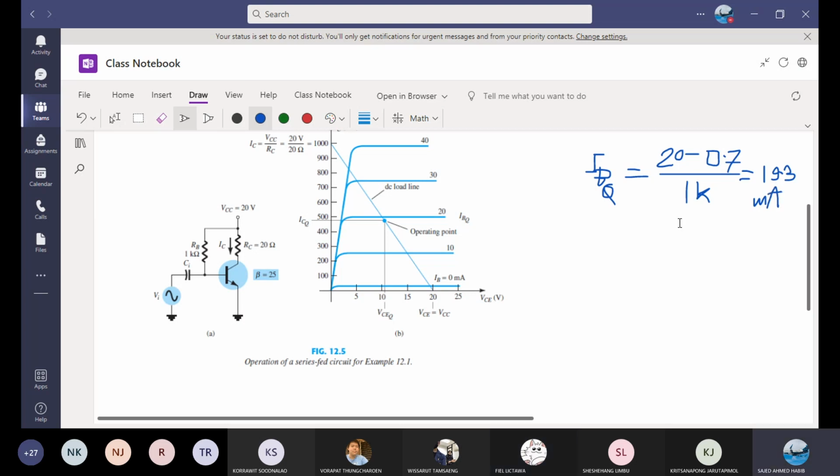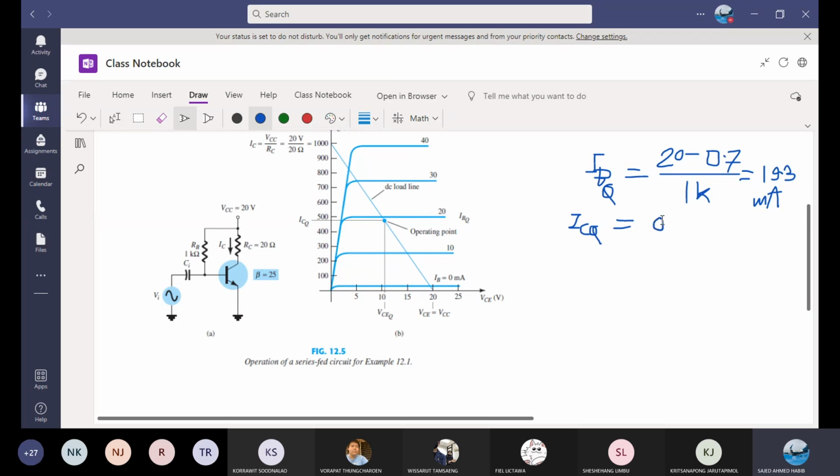Yes. And then I think the next one is ICQ. It's beta times IBQ, 25 times 19.3 milliamp. My calculator shows 482.5 milliamp.